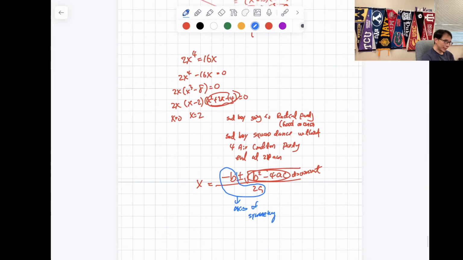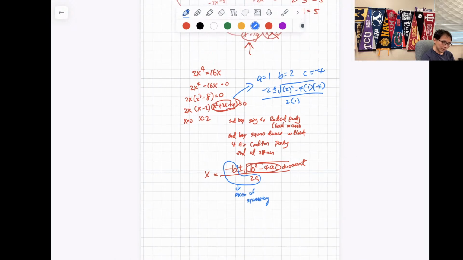So in terms of here, you have to use the quadratic formula. So a is equal to 1, b equal to 2, c is equal to -4. So it will be -2 plus minus the square root of 2 squared minus 4 times 1 times -4, over 2 times 1. Have you seen this before?